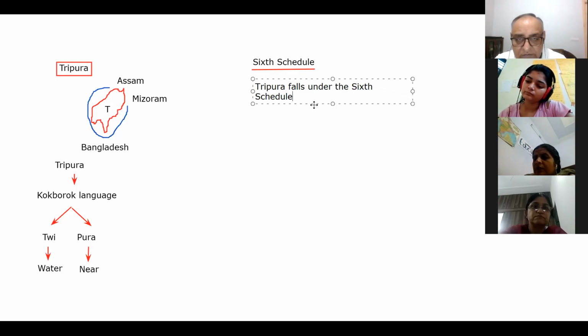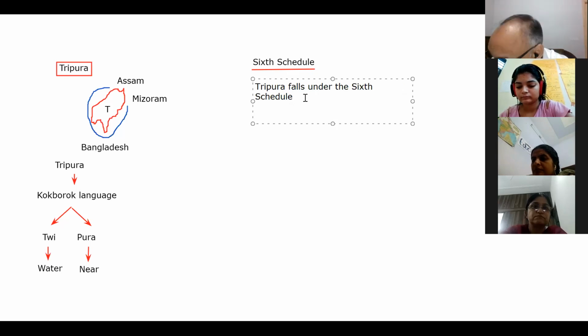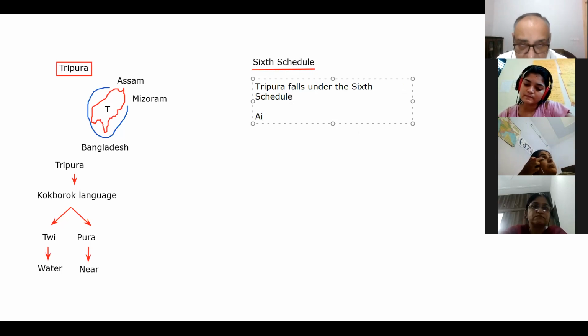And the second important thing to mention here is that the Autonomous District Council has been formed there. The Tripura Autonomous District Council is formed there.